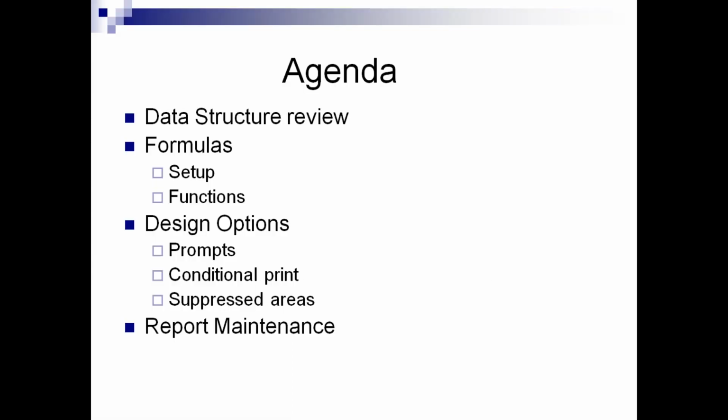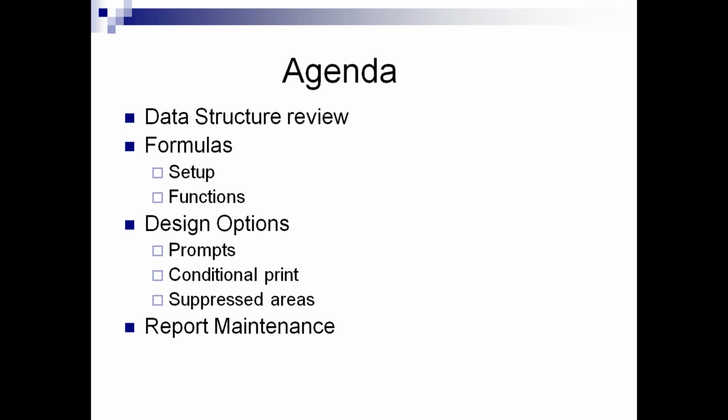Now, the agenda that we're going to follow today, we're going to do a slight review of the data structure within Sage. I'm kind of going back over just a few of the things that we talked about in Session 1, just because it is so important that you understand how your data is structured and where to find the information and what kind of information is available to you for the report writer.